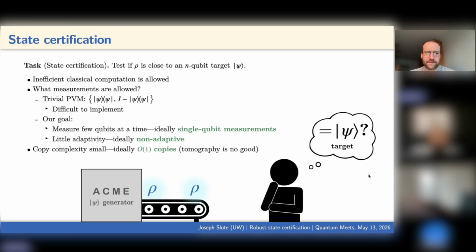And we would like the copy complexity of this task to be small. Notice that if we did have the trivial PVM pictured above, you only need constantly many copies, independent of n. We want to hold on to that even in this world of very simple measurements.